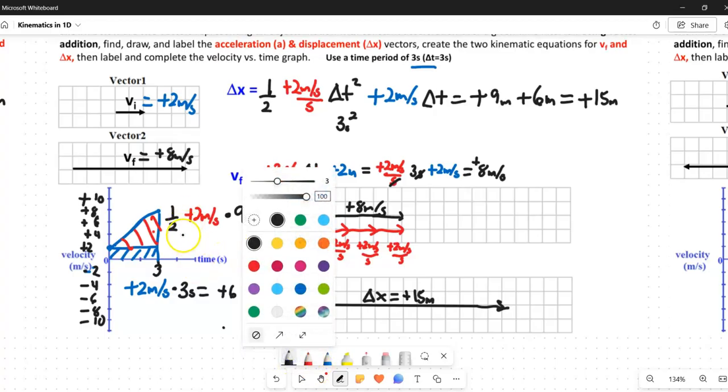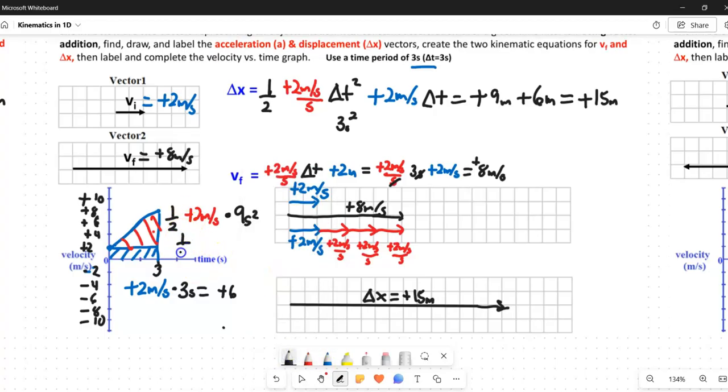This part right here is kind of weird, but this is going to be 1/2 of 6 meters per second times 3 seconds. So that's also equal to +9. Right there, right?